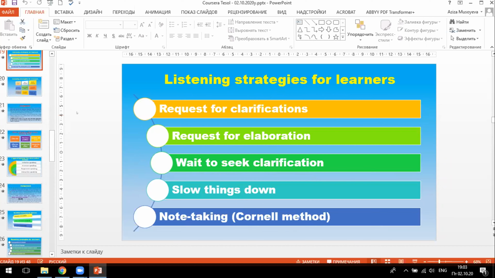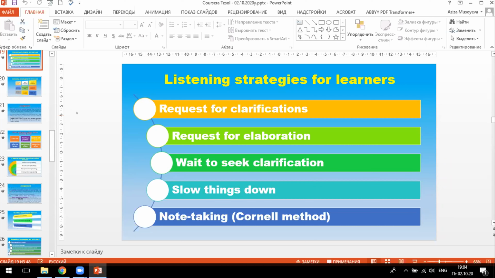So there can be different strategies. For example, request for clarification. You can ask your students what they didn't understand, or you can request elaboration. They can wait to seek clarification from you, yes?